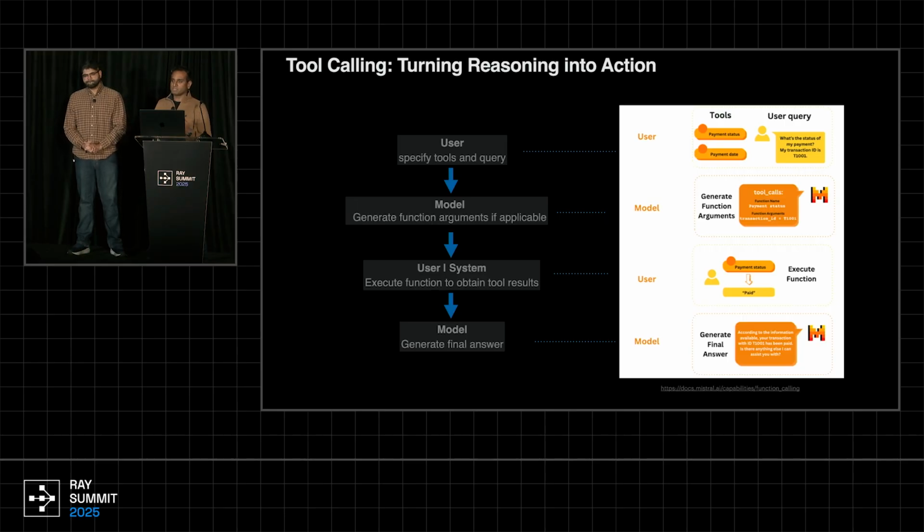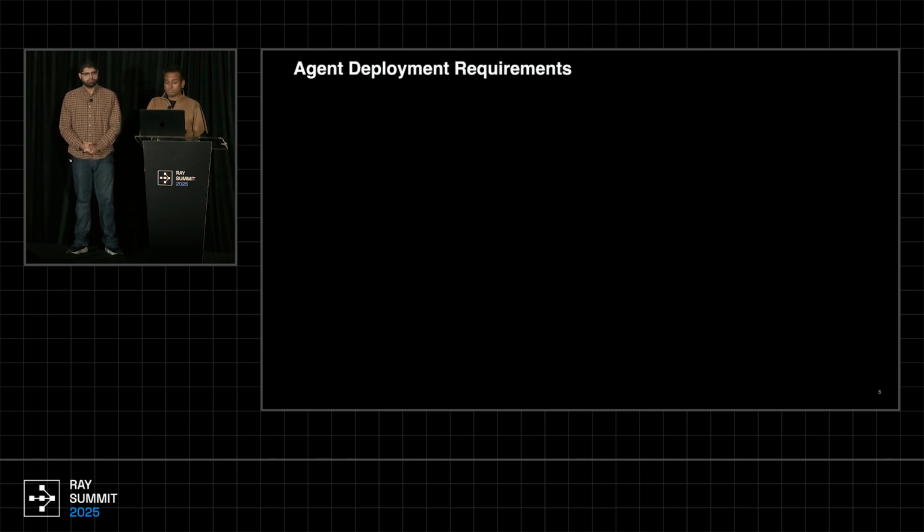The LLM would make a decision on which tools to use, in this case maybe get payment status, and it would ask the agent to execute those calls, use all those resources and results to respond back to the user.